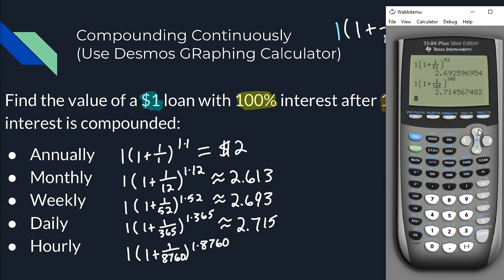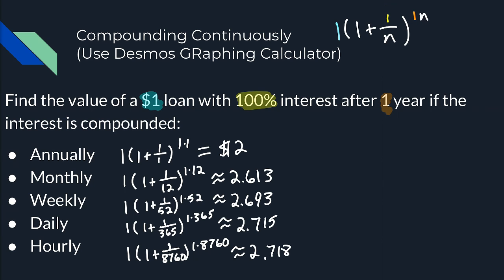So I had to do 24 hours times 365 days to get the 8,760. And so I'm going to go in and change that. And it's 2.718. Now my question is for you, and if someone would be willing to share their thoughts, I'd love to hear them.